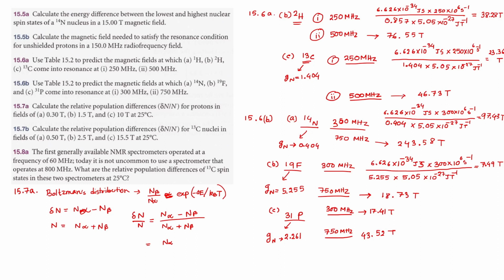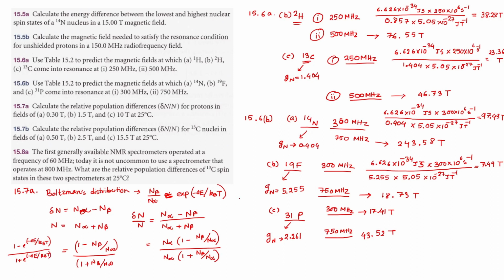If we take n alpha common outside, we get 1 minus n beta by n alpha over 1 plus n beta by n alpha, which is 1 minus e to the power minus delta E by kBT by 1 plus e to the power minus delta E by kBT.